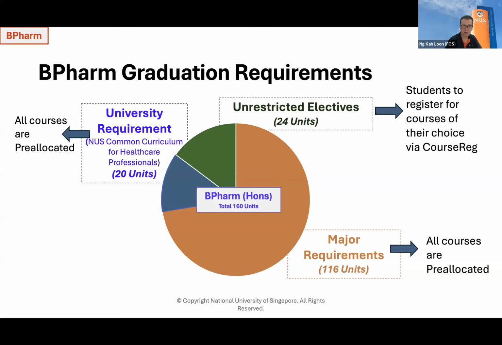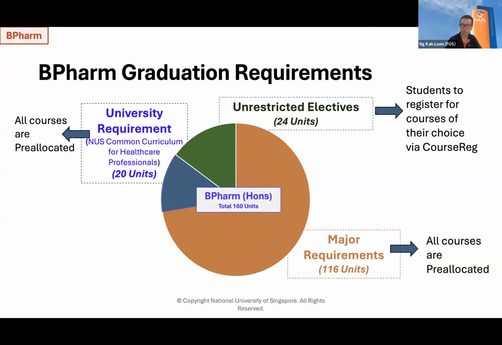This is the graduation requirement, just like for all 4-year programs under CHS. The BPharm program comprises 160 units, of which 116 are your major requirements, and 20 units are university requirements, which comprise 5 core curriculum courses for the healthcare professionals, which all of you are under.